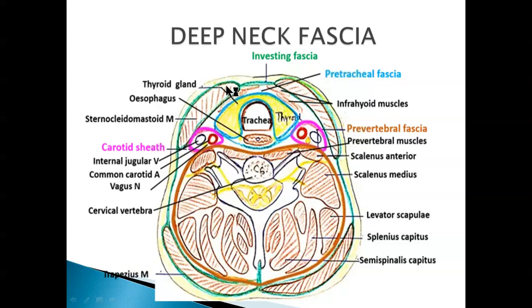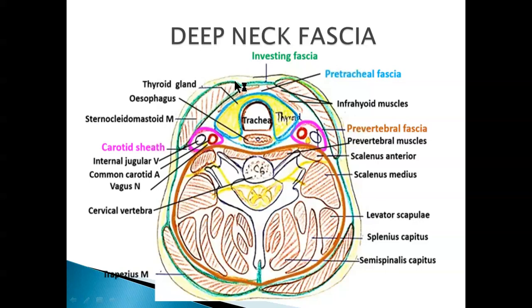Now, SCM is a long muscle coming from your mastoid process, and it has a sternal head and a clavicular head. Its origin is in the clavicular area and the sternum area, and it inserts into the mastoid process. So its origin and insertion is from bottom to top.